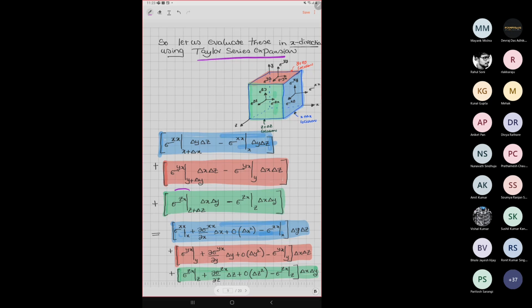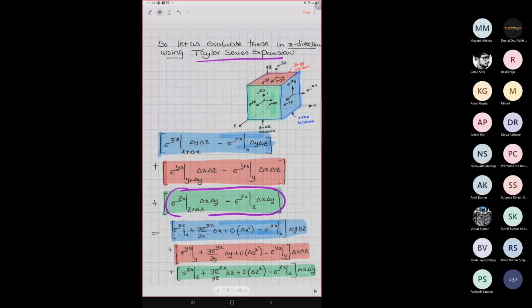The third term is the surface stresses acting in the x direction on the z surfaces. Sigma zx at z plus delta z is sigma zx plus del sigma zx by del z, minus sigma zx, multiplied by del x del y.